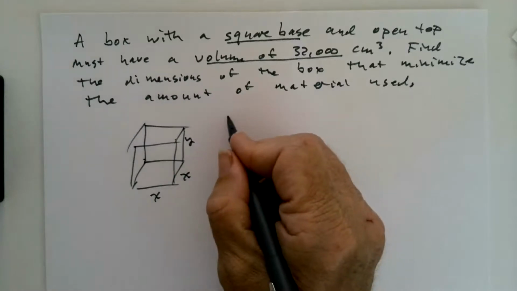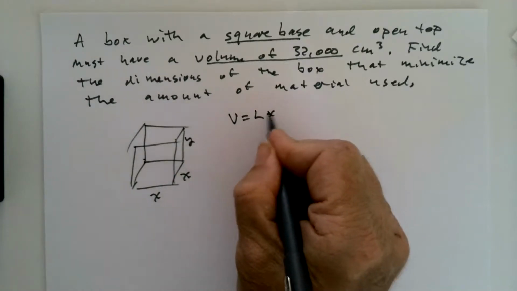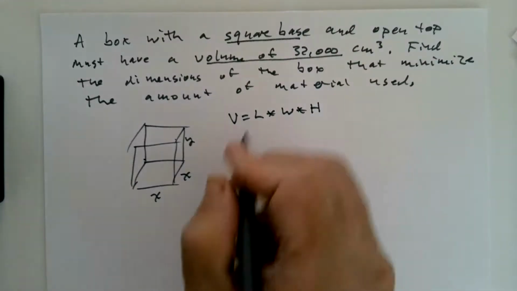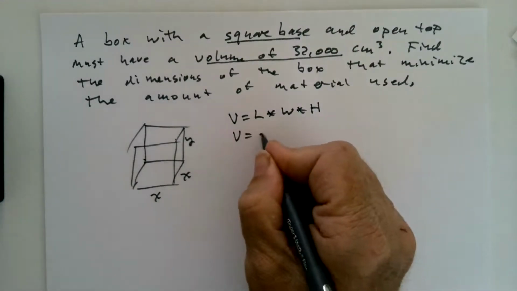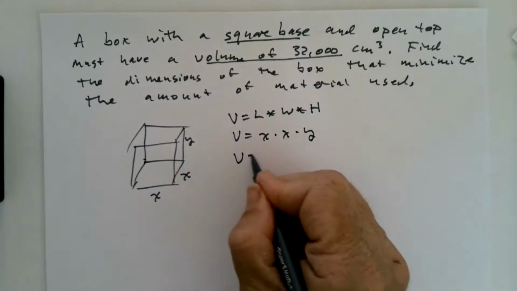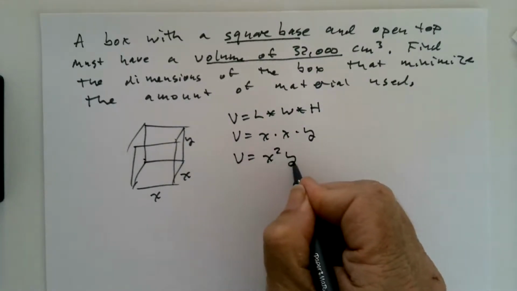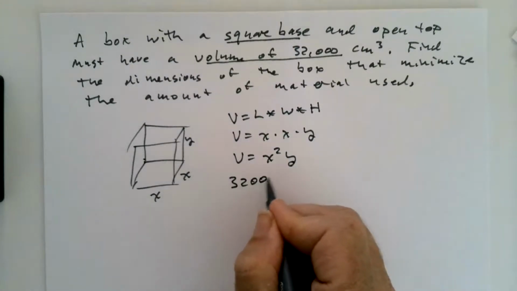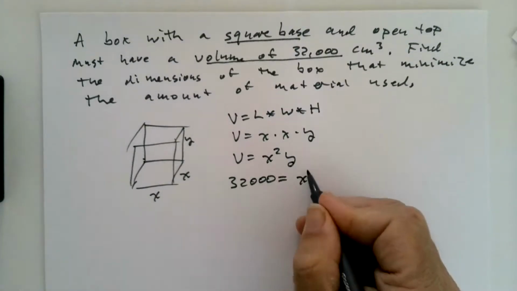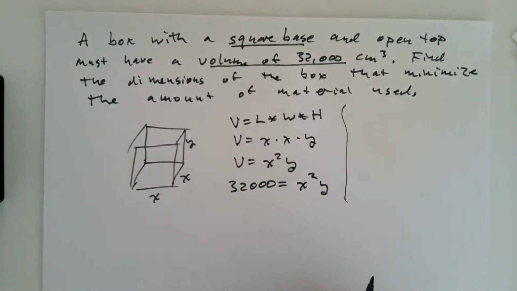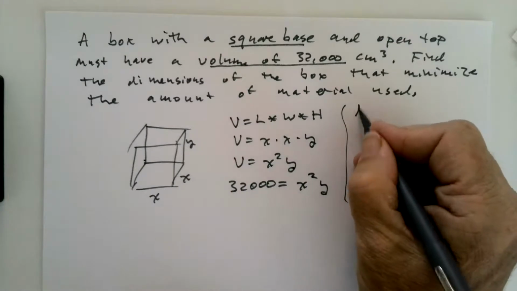So we know the volume of a box. The volume of the box is length times width times height. So the volume is x squared y, and the volume is 32,000 cubic centimeters. So 32,000 is x squared y. I want to minimize the amount of material used.